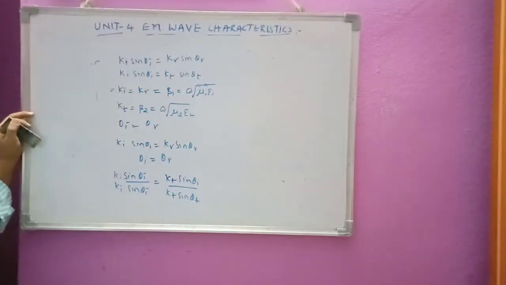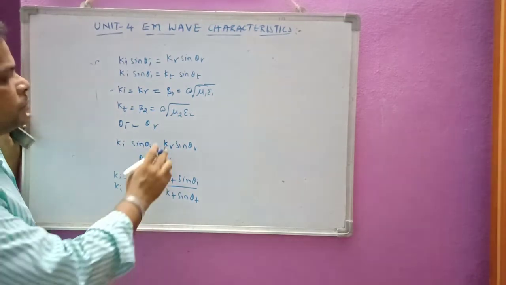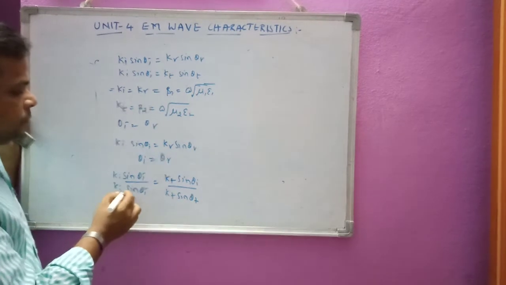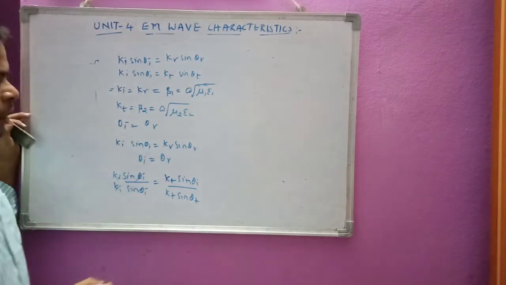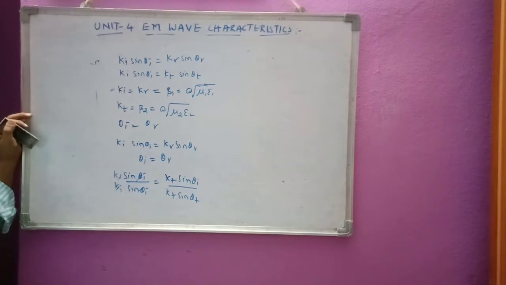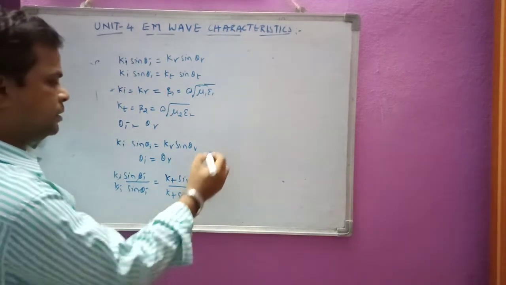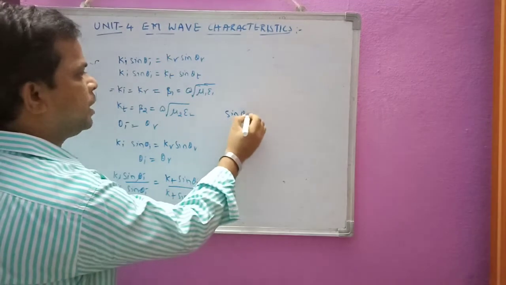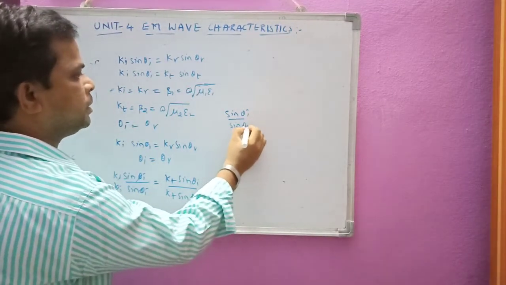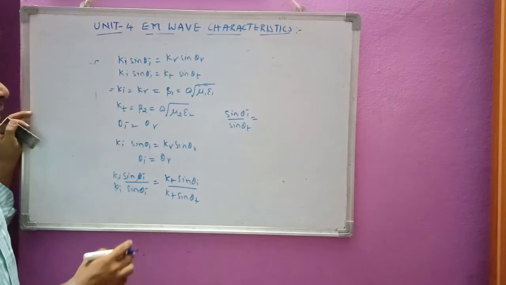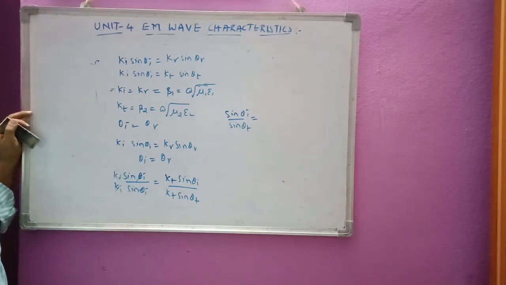So now I can write here, this will get cancelled, and I am going to take theta i is equal to theta r. I can write sin theta i by sin theta t is equivalent to, so we have got kt, it is not kt, it is kr.